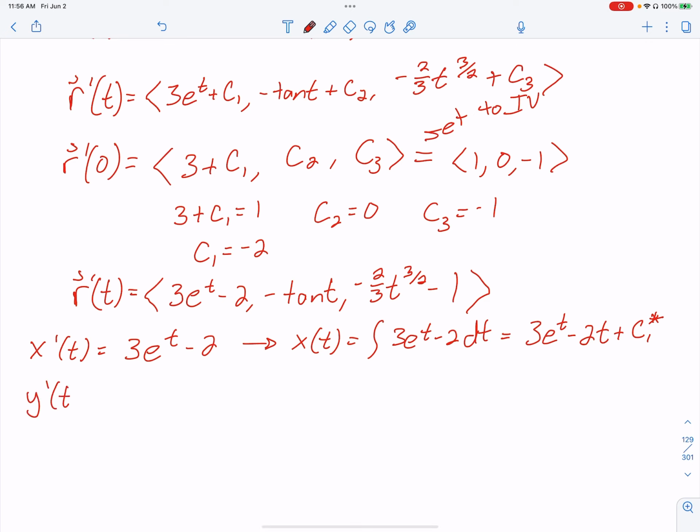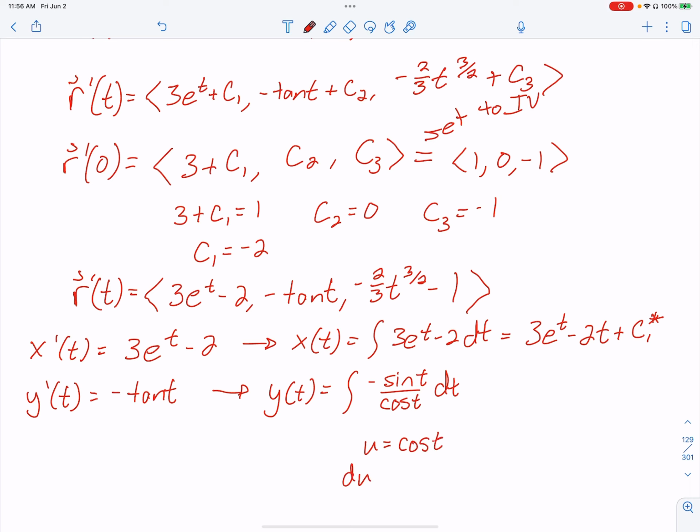So y prime of t is equal to negative tan t. That integral, y of t, equals, okay, and I'm going to go ahead and break this up. This is negative sine t over cosine t. That's the definition of tangent. We're going to do a u sub. If u is cosine, then du is negative sine dt.